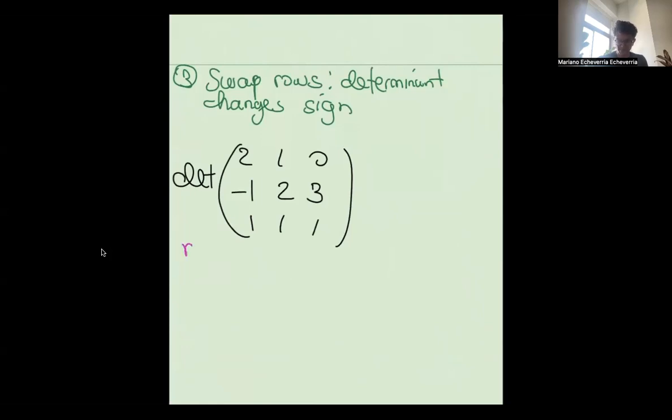If you do row 1 with row 2, right? If I want to swap those rows, then what I'm saying is that this determinant is minus the determinant of what I get when I swap those rows.